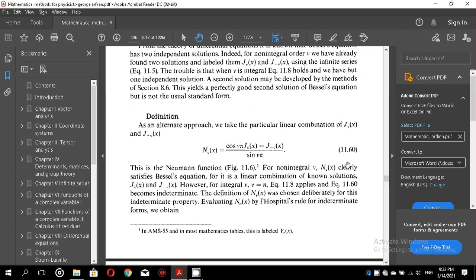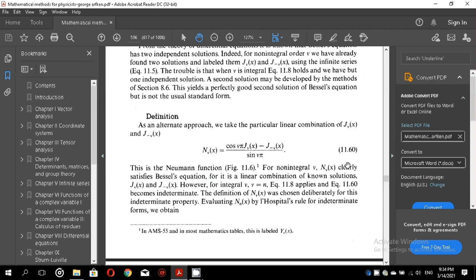You know that if the differential equation is homogeneous, then any linear combination of its two solutions also satisfies the differential equation, and that's why the Newman function as defined by equation 11.60 satisfies the Bessel's differential equation for non-integral value of nu.